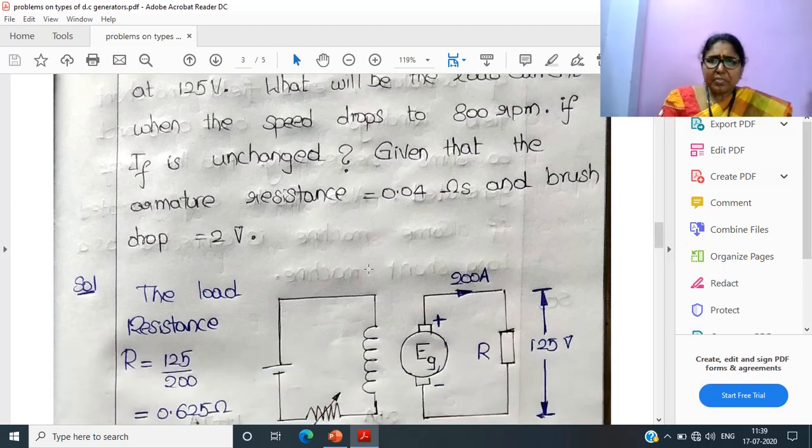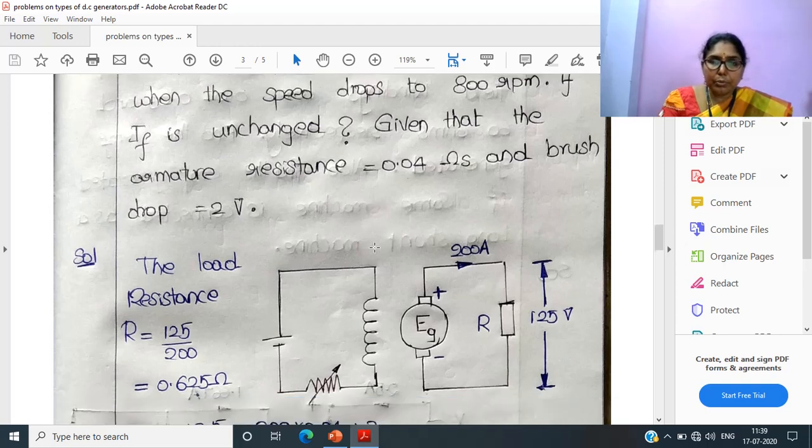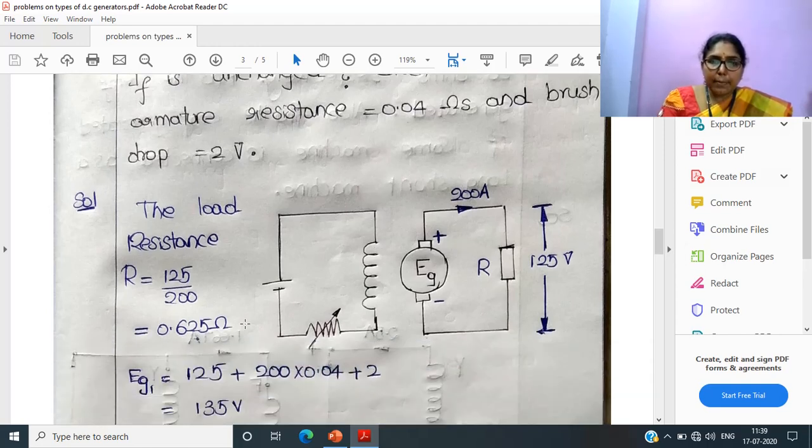As I mentioned earlier, first of all we need to draw the circuit diagram. This is a separately excited generator, so the field winding is excited with a separate voltage supply, and this is a variable resistance. The current flowing through the load they mentioned in the problem is 200 amperes, and the voltage across the load is 125 volts.